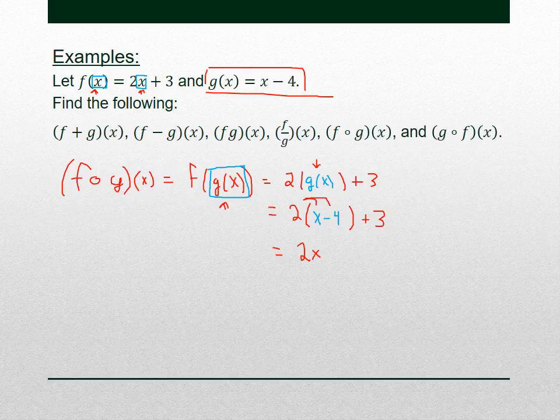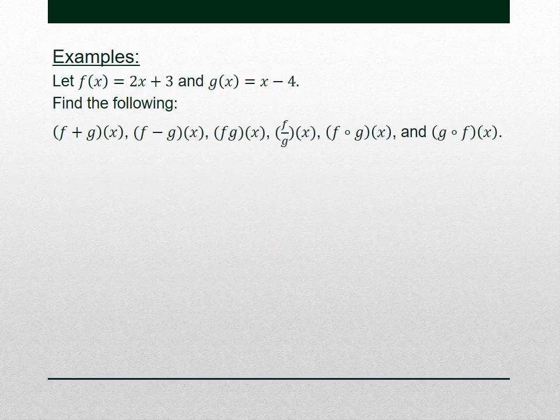So 2 times x minus 4 plus 3. So since a g of x was on the inside of these parentheses instead of an x, we plugged in g of x instead of an x. And then we substituted in what g of x was equal to.